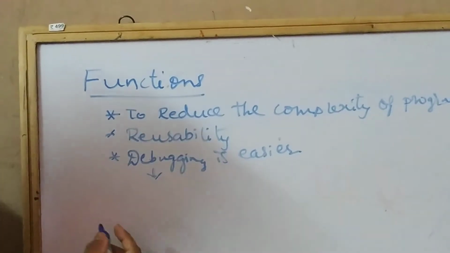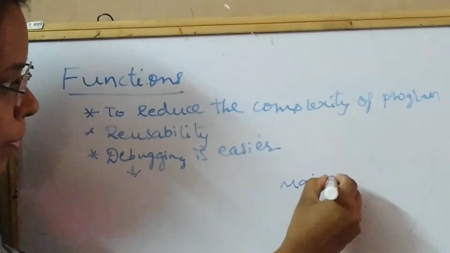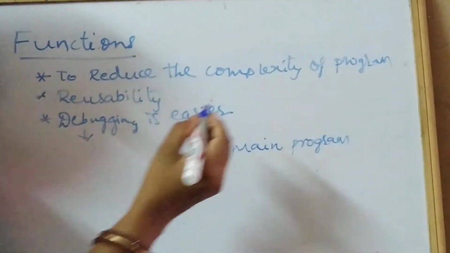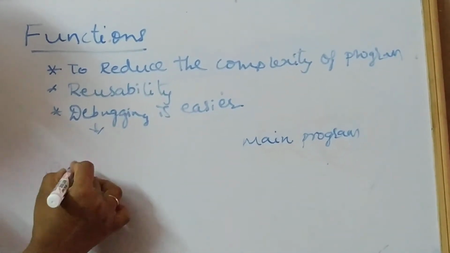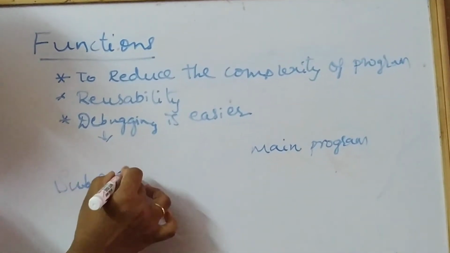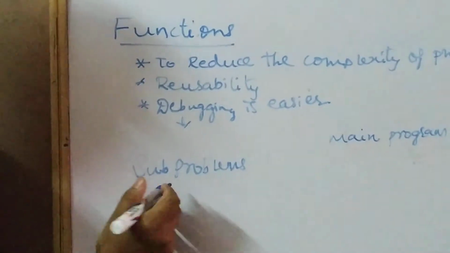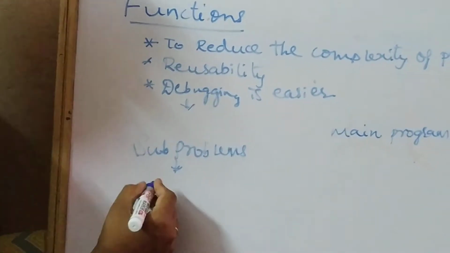Now we are going to consider a large program. A large program is divided into smaller sub-problems, and independently we write code for each. These are called subprograms.